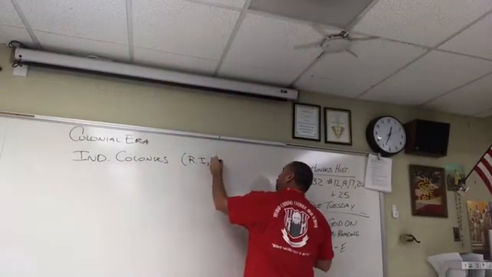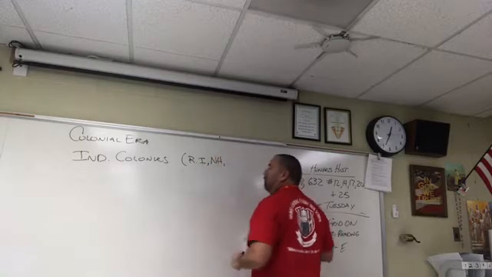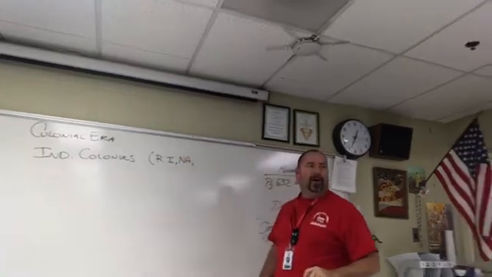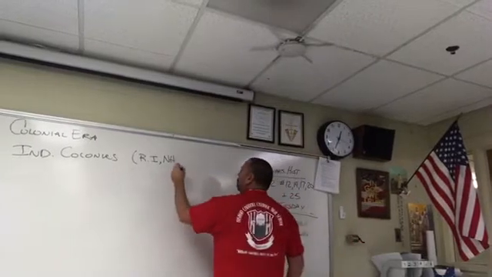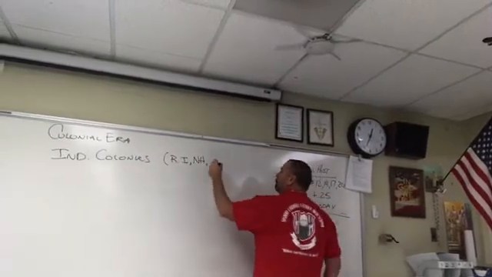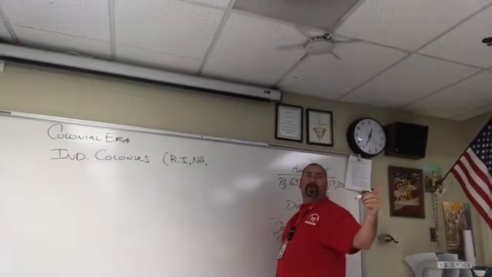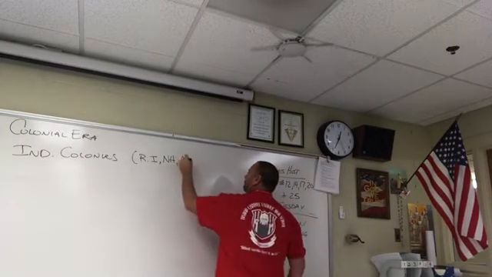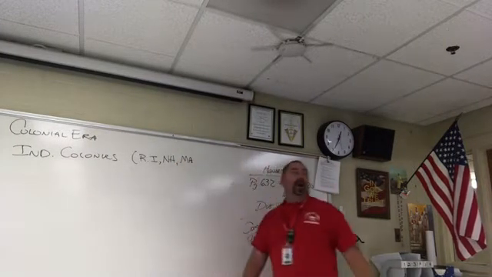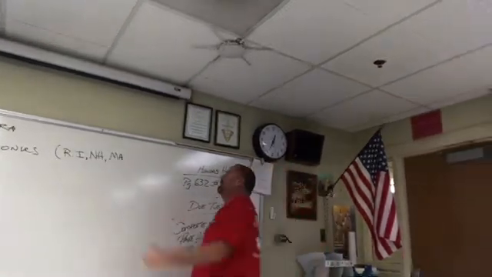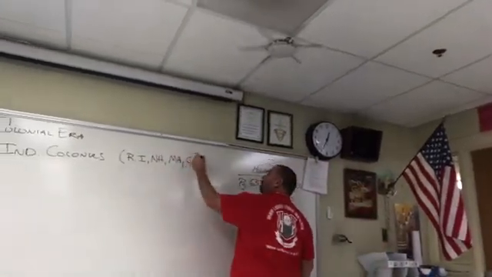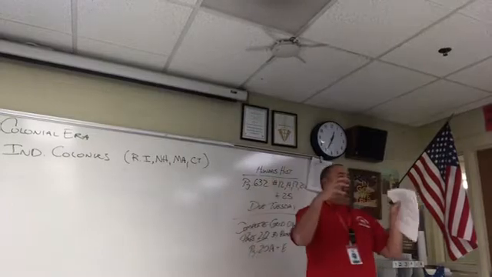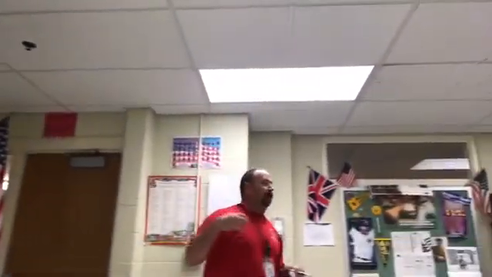And I'll raise you with New Hampshire. Pennsylvania isn't one, but where's the rebellion start? Boston. Okay? And then Connecticut. So these are all really close together. Connecticut, Rhode Island, and Massachusetts, and New Hampshire.